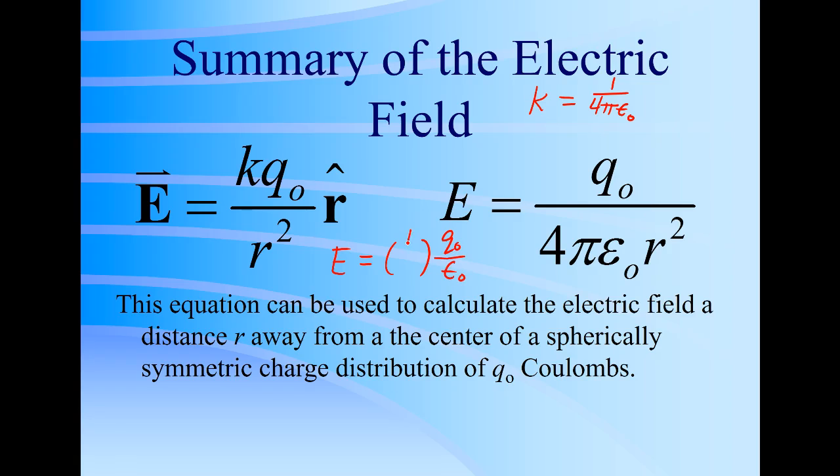Now that constant is 1 over 4 pi r squared, depending on what r is. So at a certain location, the electric field depends on the charge and the electric constant, epsilon naught. And this is a very important result that we're going to be using in an upcoming lecture.